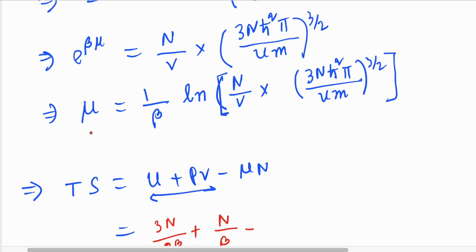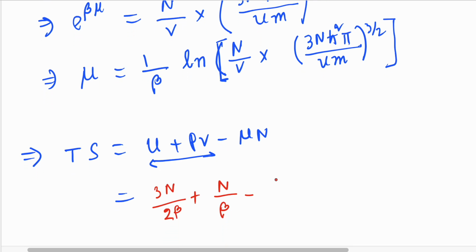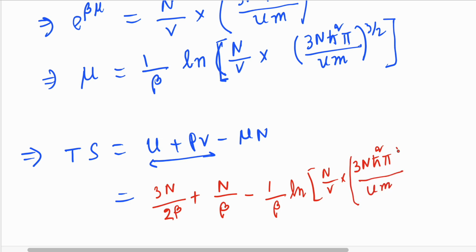So we already calculated the value of mu, so we'll put it here. Value of mu is 1 by beta ln n by v into (3n h cut square pi m) to the power 3 by 2. This is mu, and there is an n.